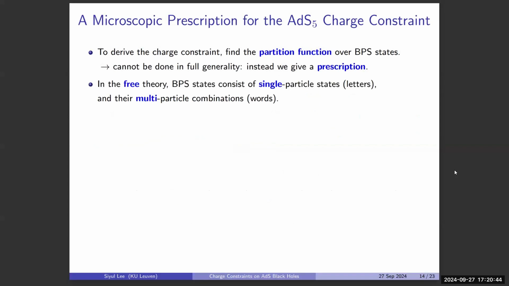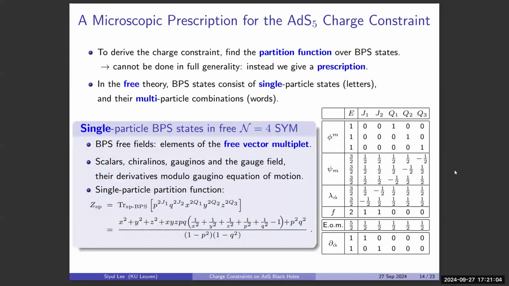So we start with free theory, where the representation is most faithful to the theory. In free N=4 Yang-Mills theory, all BPS states consist of single particle states, genially named letters, and their multi-particle combinations, the products of them, called words. This is the full list of single particle states in N=4 Yang-Mills theory.